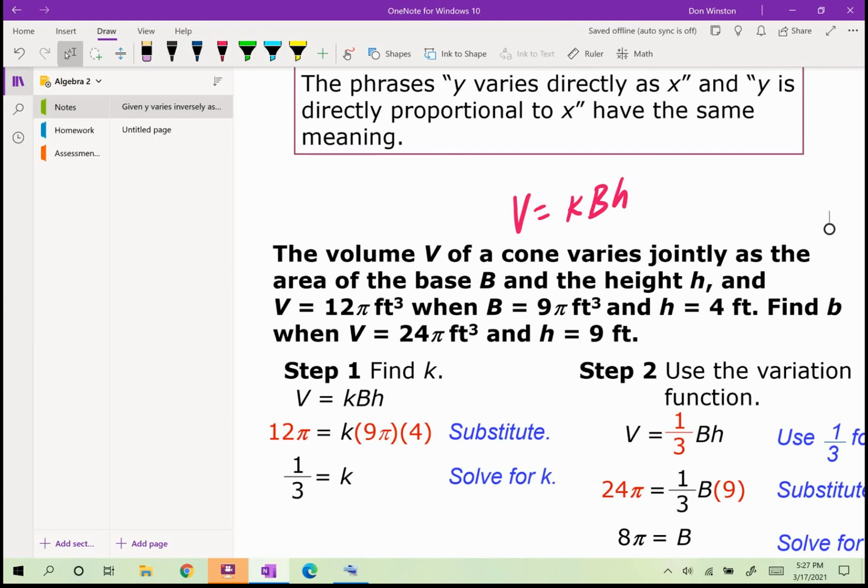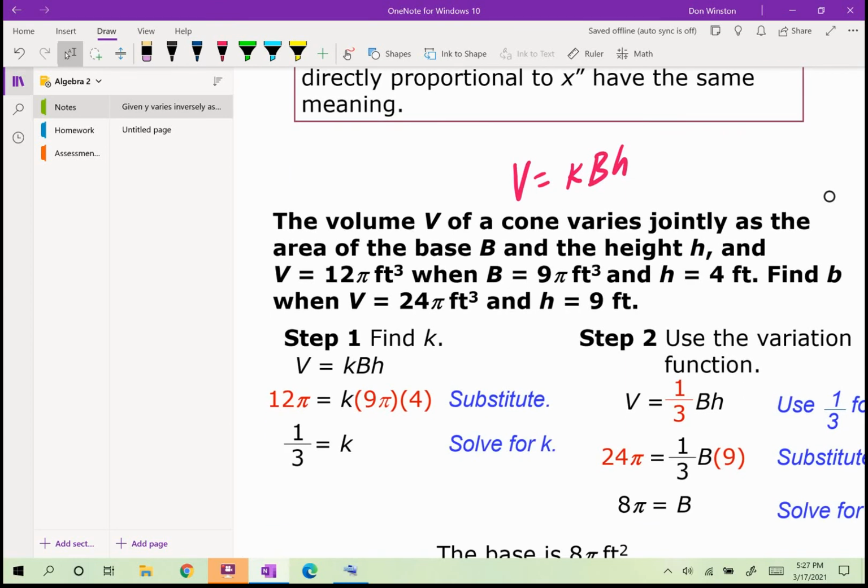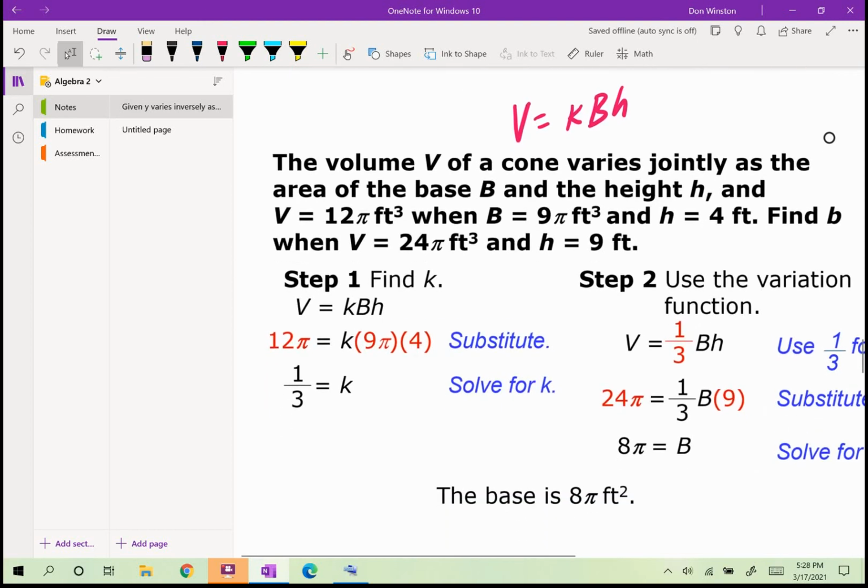So when the volume is 12 pi feet cubed and the base is 9 pi feet squared, and the height is 4, well, we can find k. So we just substitute any information we have.